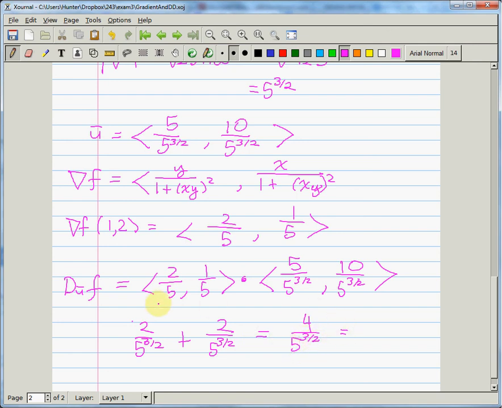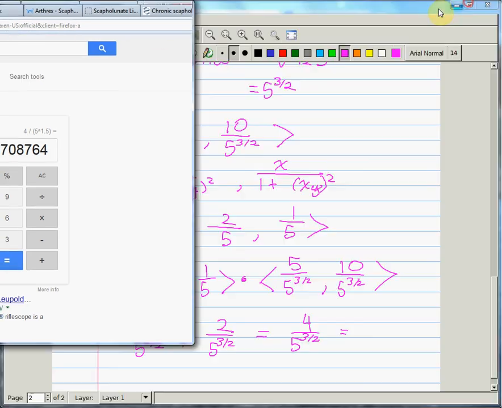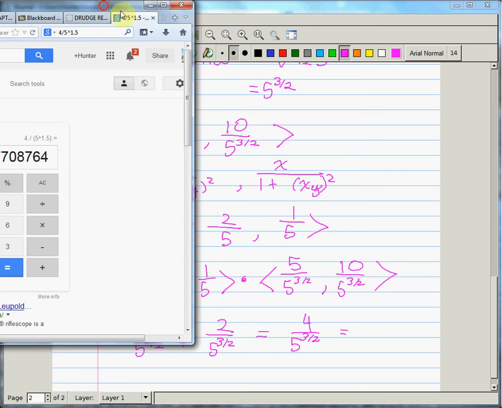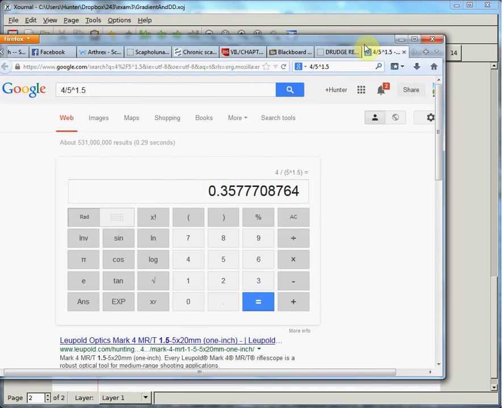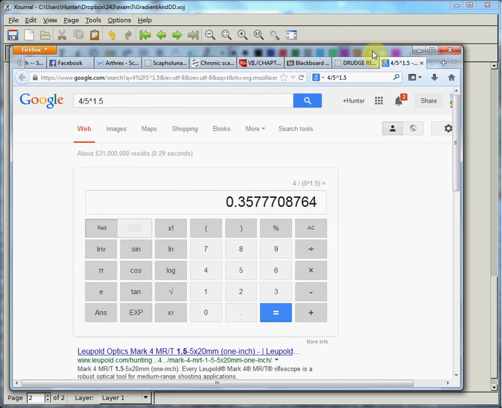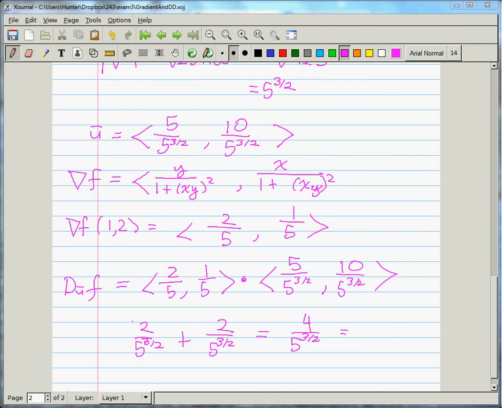And if you do this on a calculator, which I guess I did right here, you can see it. Actually, you can't, but here it is. Right there, see? So that turns out to be the number 0.3577, and then some other stuff, but that's close enough.